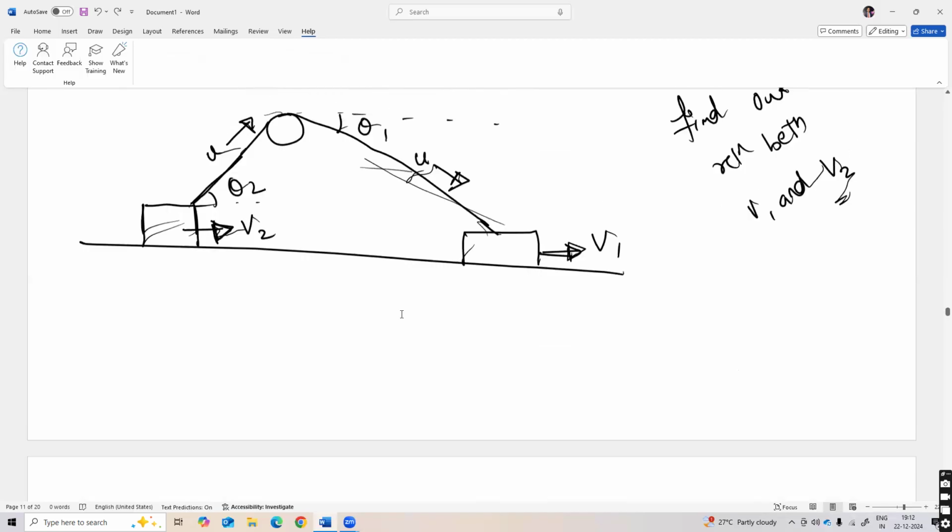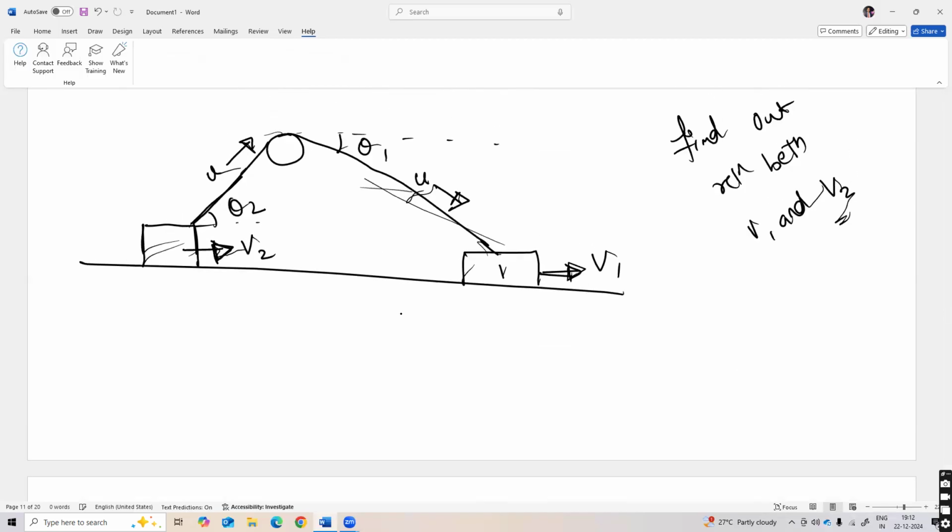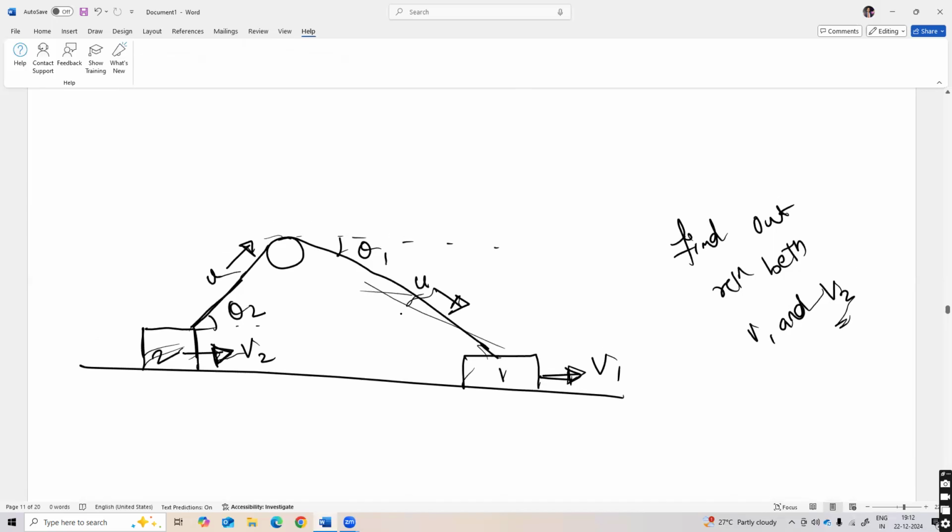So let's say this is the first object, this is the second object. Basically, the velocity component of this first object along this direction should match with the velocity component of the second object along this direction, because of course the velocity of the string cannot be different.